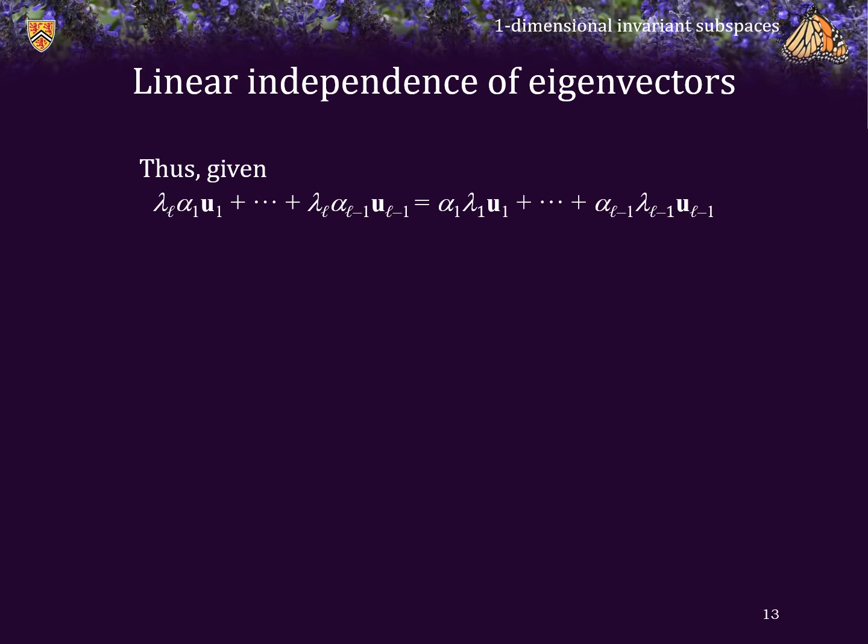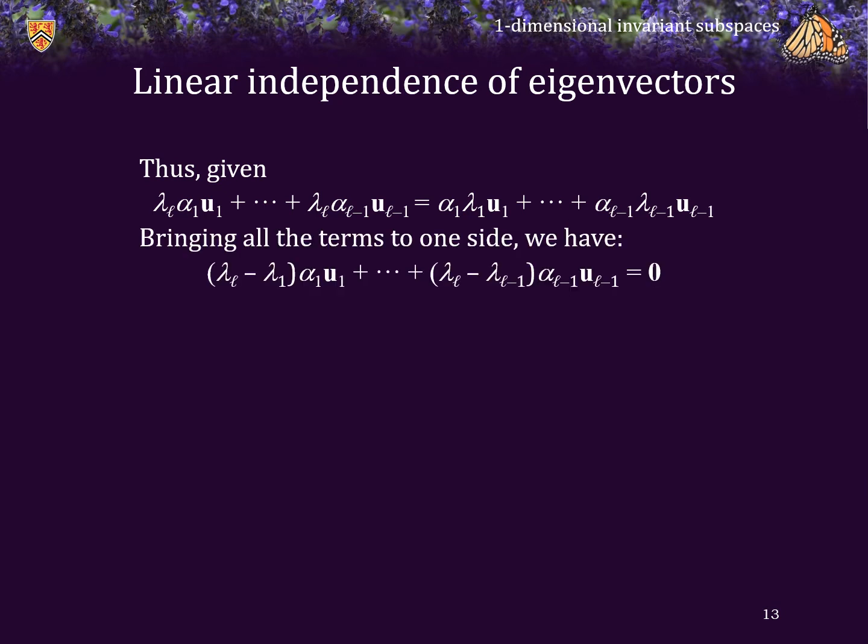So given two linear combinations that equal each other, let us bring all of the terms to one side and factor out the common alpha sub i, u sub i terms.